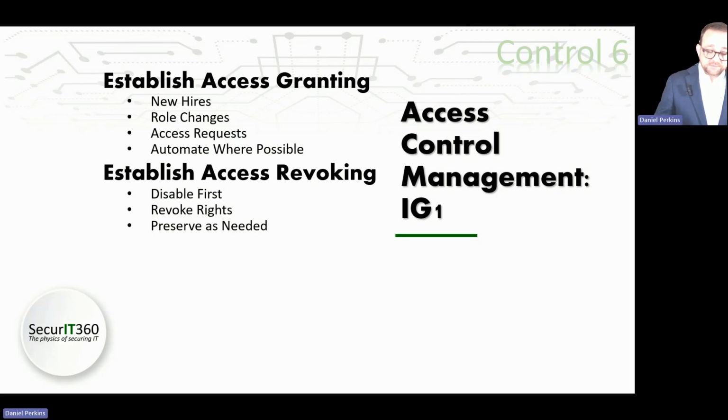The second part after we disable the accounts is we want to start revoking those rights, right? Kind of stripping back all of the permissions they had. So it's basically a generic account that has no access to really anything, right? So if that account does get reactivated, it basically has limited privileges, can't do much, right?